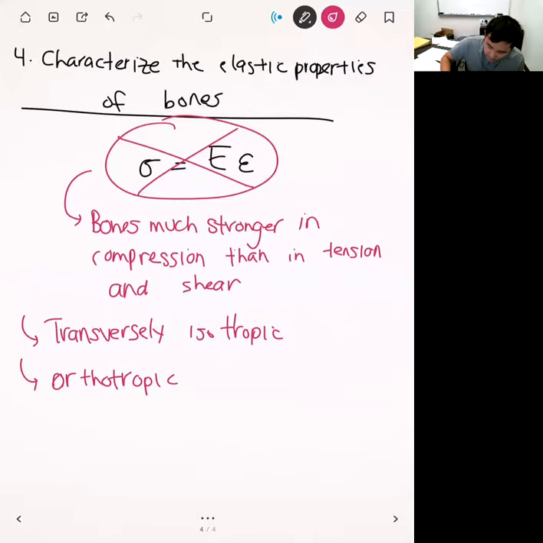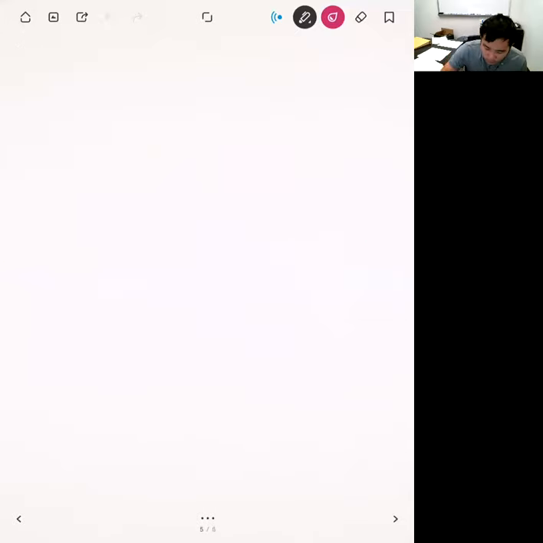Okay. And so the next learning objective that I want to go over is the idea of how bones grow and develop over time, and the idea of bone remodeling. This is learning objectives 6 and 7 from the bone biomechanics section.